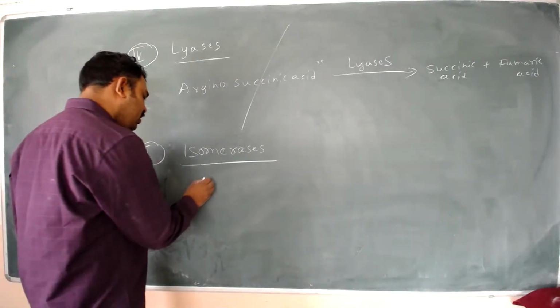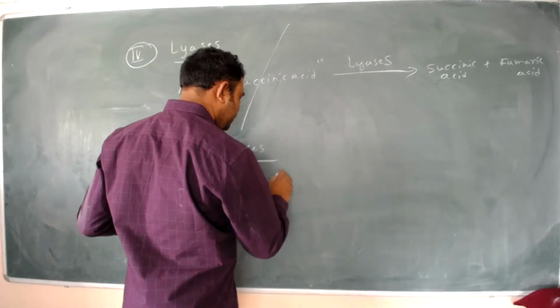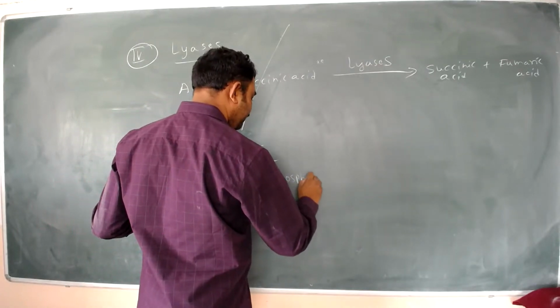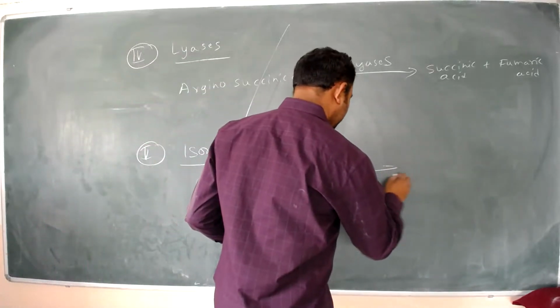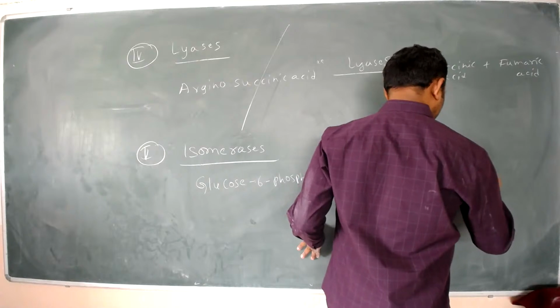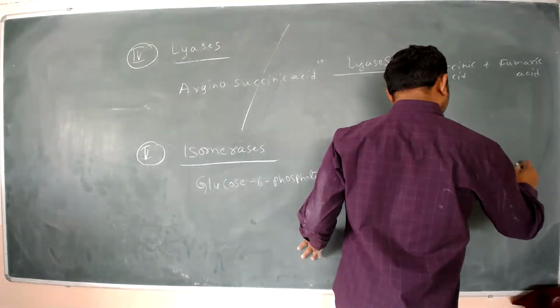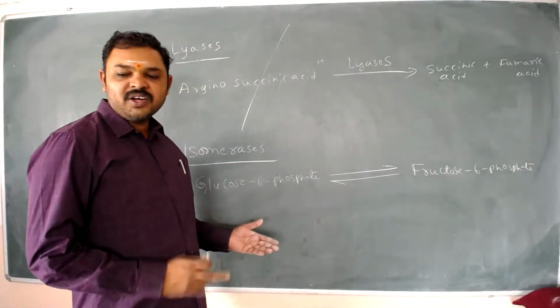Glucose 6-phosphate and fructose 6-phosphate are both isomers, but they are interconverted into each other.